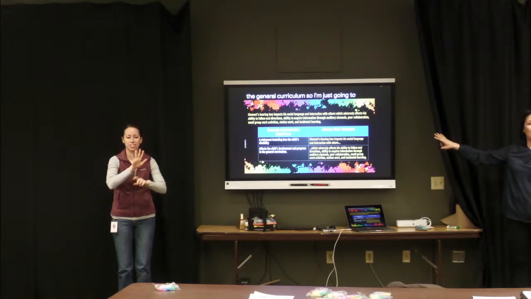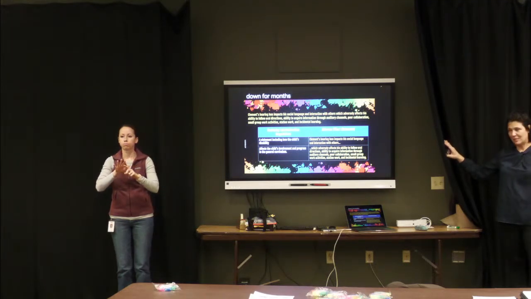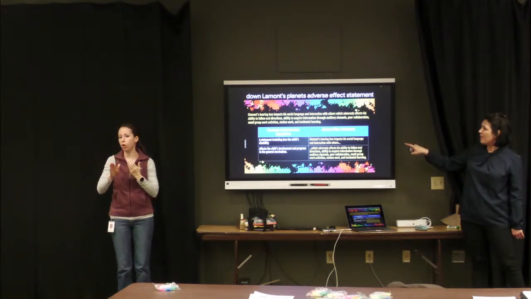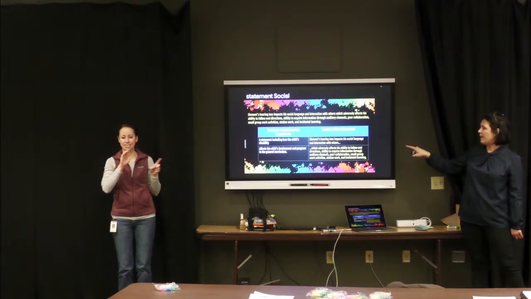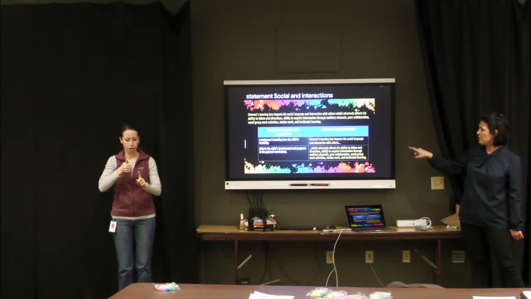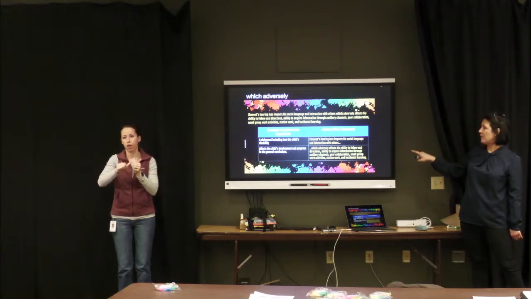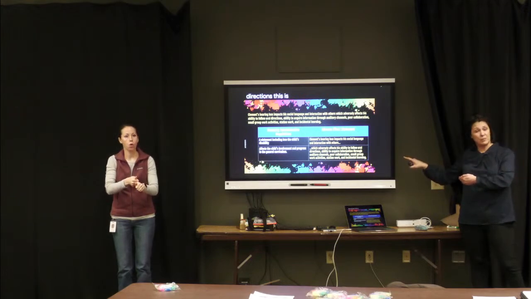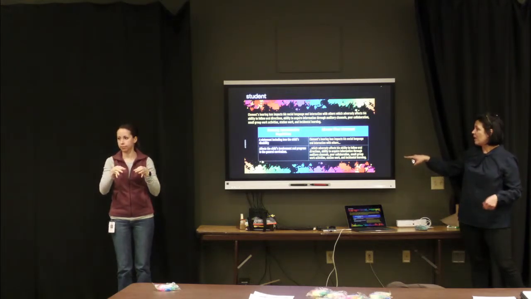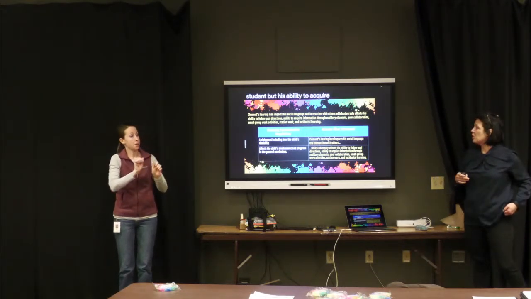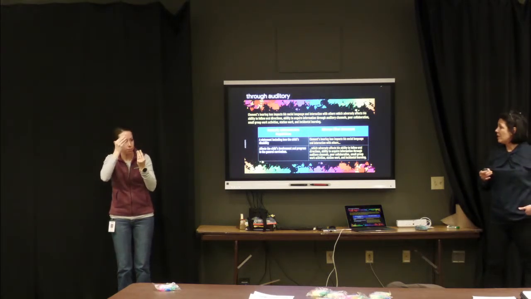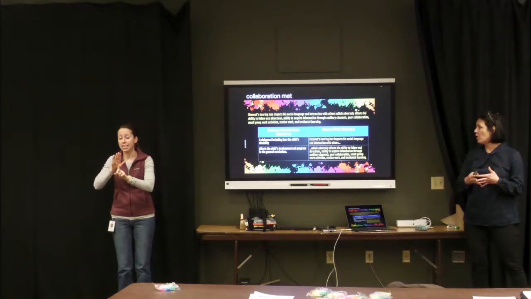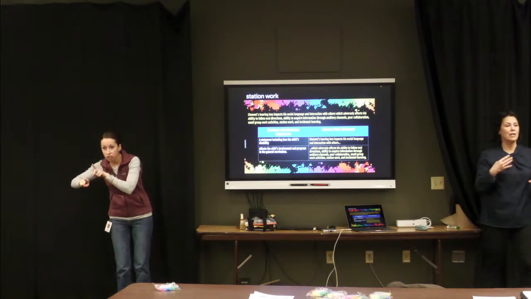So I'm just going to break down Clement's adverse effect statement. Clement's hearing loss impacts his social interactions with others, which adversely affects his ability to follow oral directions. This is individualized for this particular student, but his ability to acquire information through auditory channels may impact his peer collaboration, small group work activities, station work, and incidental learning.